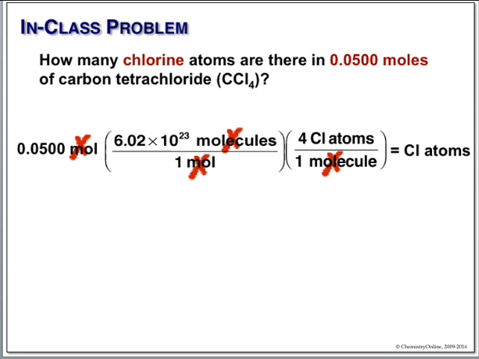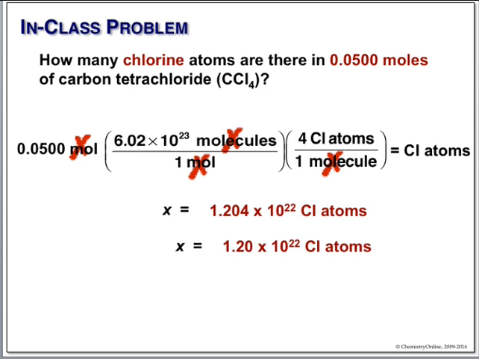So once again, pull out your trusty calculator. 0.05 multiplied by 6.02 times 10 to the 23rd, multiplied by 4. When you do all of that, you should get about 1.204. We're dealing with 3 significant figures, so we'll drop that down to 1.2.